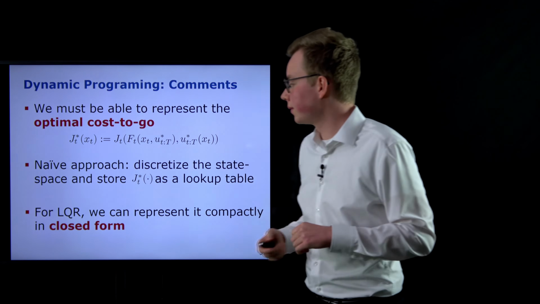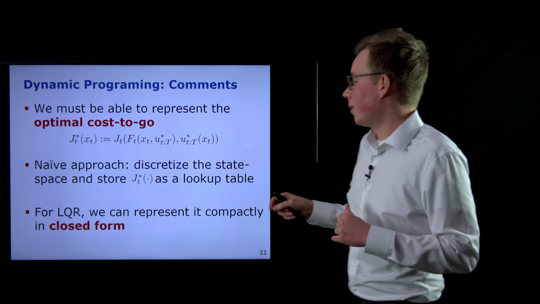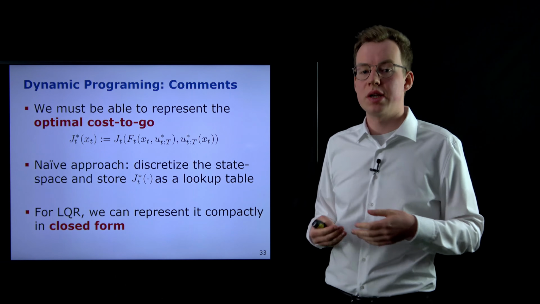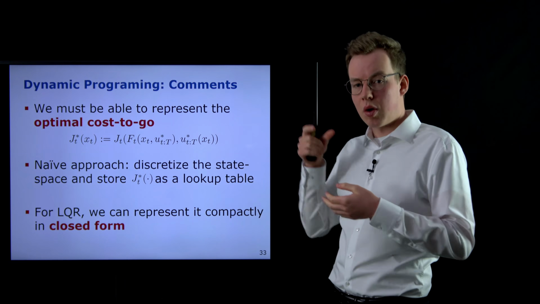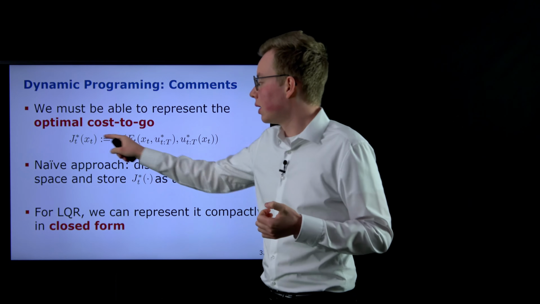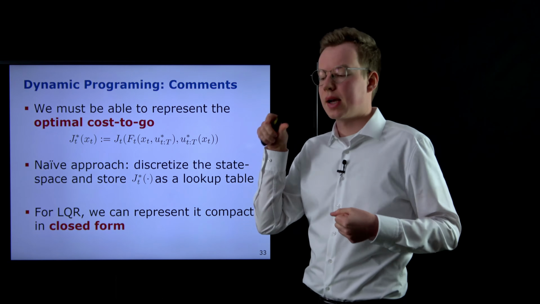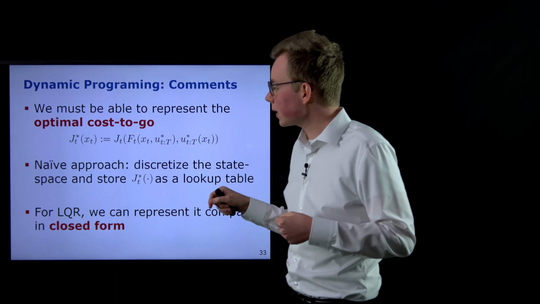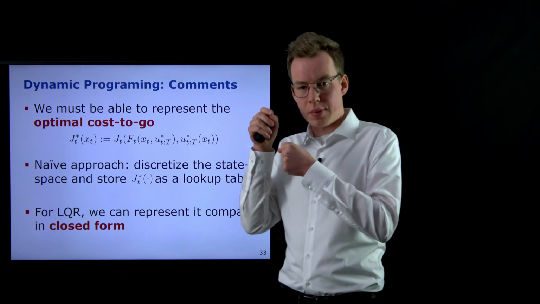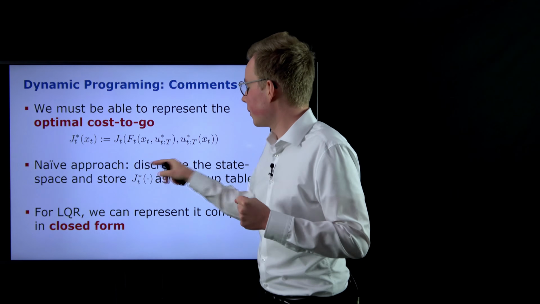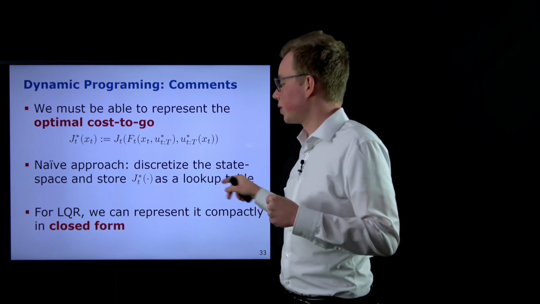And so a naive approach to represent this optimal cost to go would, for example, be to discretize the state into small volumes and then solve the optimal control problem for each of these possible regions of the state space that we could be in, and then compute this lookup table.